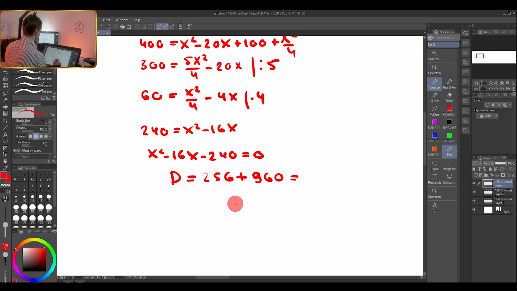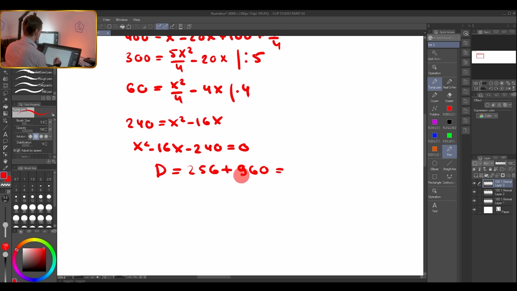And this number, if you add up, you will get 900 plus 256, you will get 1156, and after that you also need to add 60 here, and it will be 1216. Okay, so it is your discriminant.